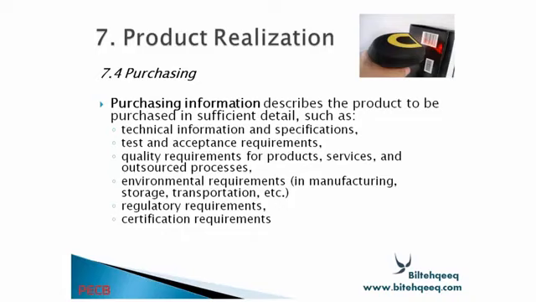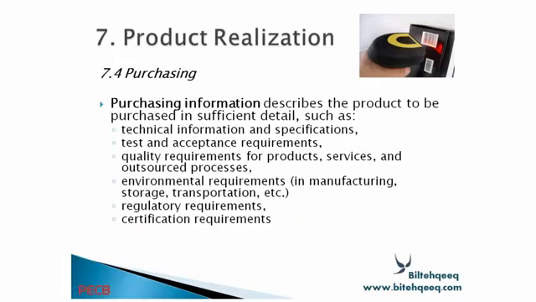The purchasing information describes the product to be purchased in sufficient detail, such as technical information and specification, test and acceptance requirement, quality requirements for products, services, and outsourced processes, environmental requirements in manufacturing, storage, transportation, etc., regulatory requirements, certification requirements.